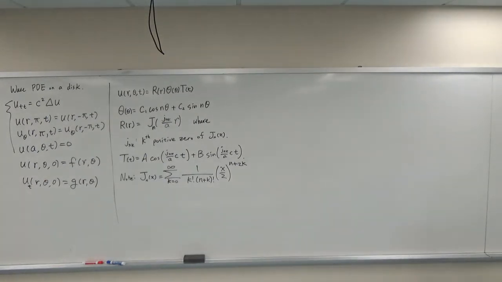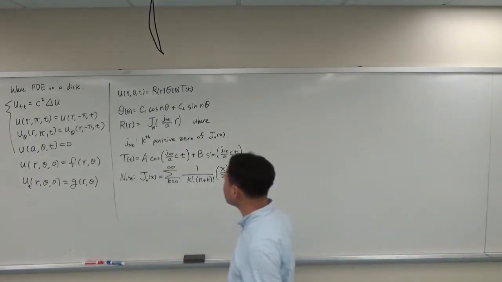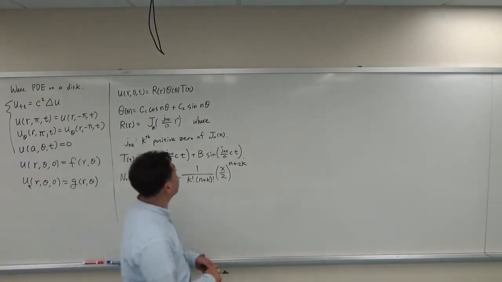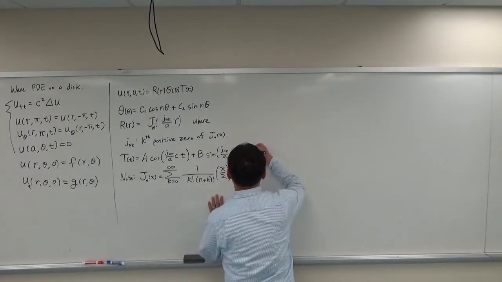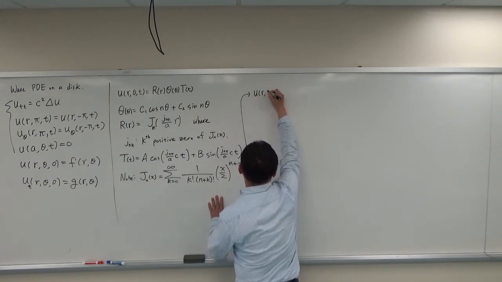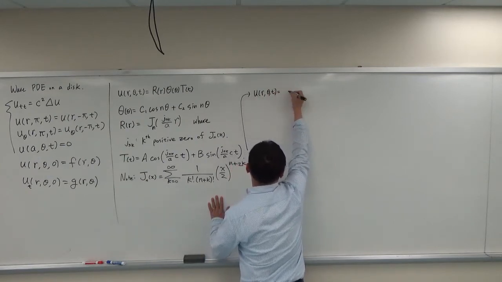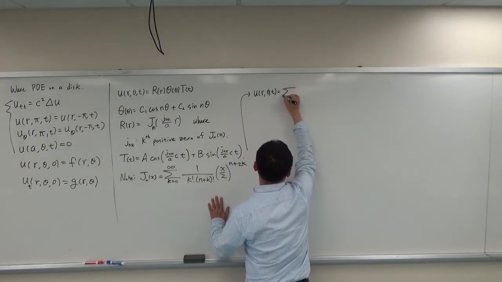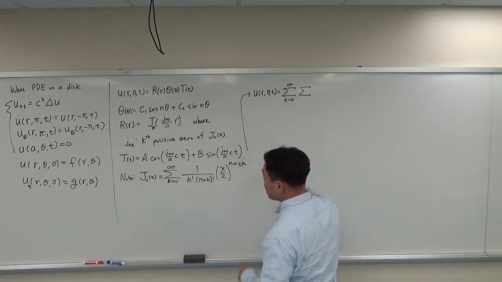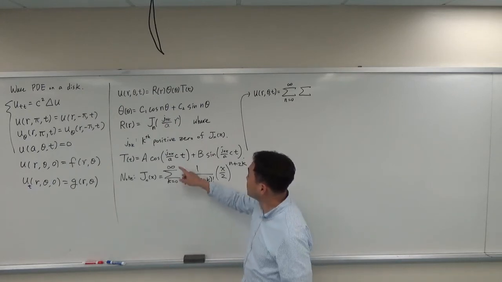All right, so this is what we have, and therefore, combining everything, we have the general solution u(r, theta, t) as this gigantic sum, where n goes from 0 to infinity, and then you also have k.